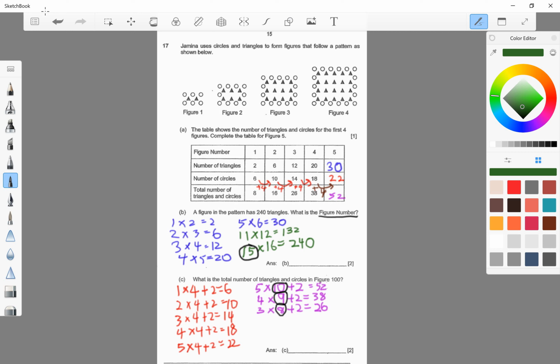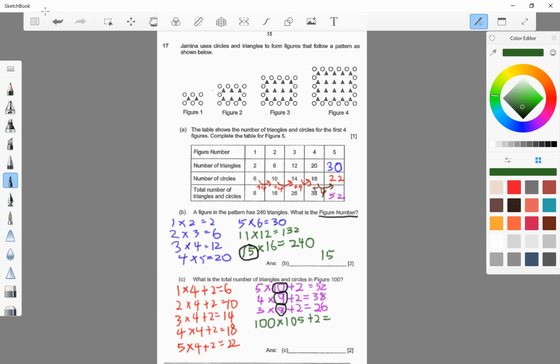Alright. As for the total number of triangles and circles, what will it be? Total number in this case, for figure 100, it has got to be 100 multiplied by 105, because the next number that we multiply has got to be bigger by 5 and we plus 2.